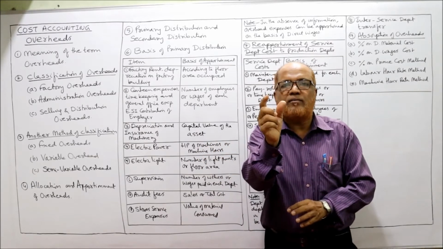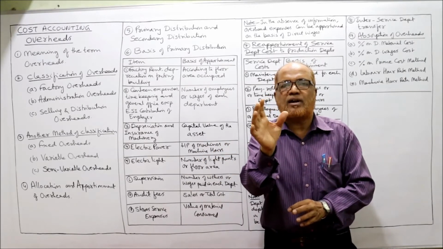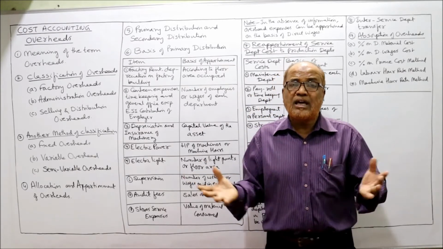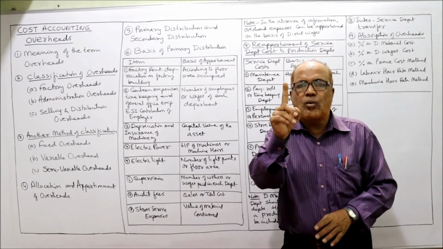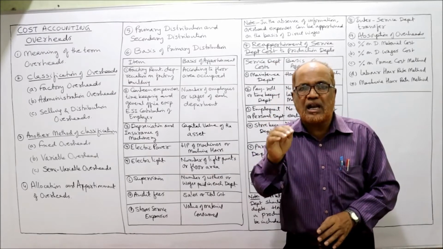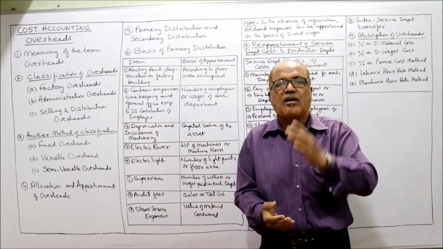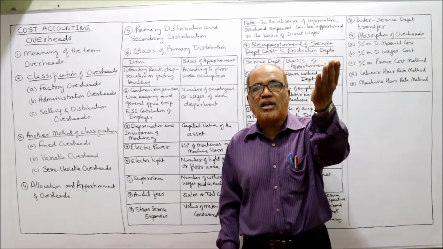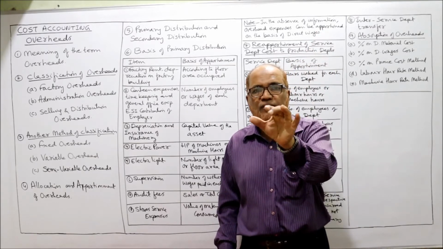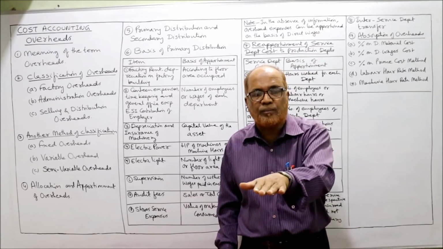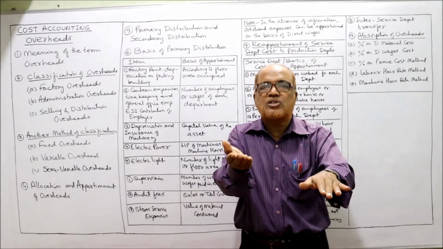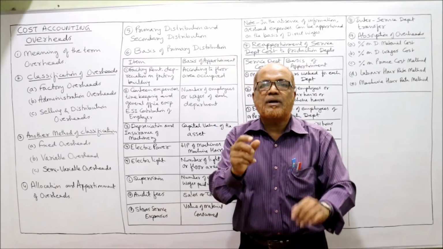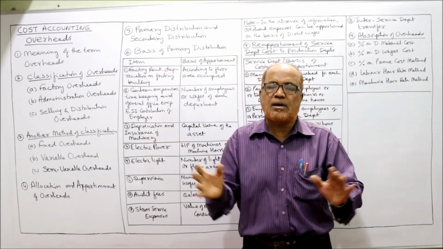The total factory overhead, fixed overhead, will remain fixed irrespective of the level of production. Whereas the per unit fixed overhead will decline as the output increases. If the production increases, the per unit fixed overhead will come down. If the production comes down, the per unit fixed overhead will increase, but the total fixed overhead will remain the same.